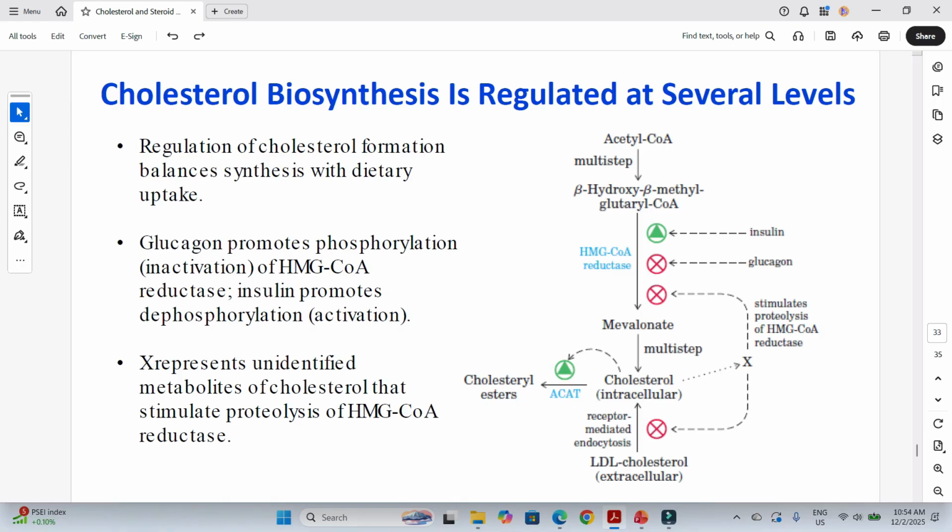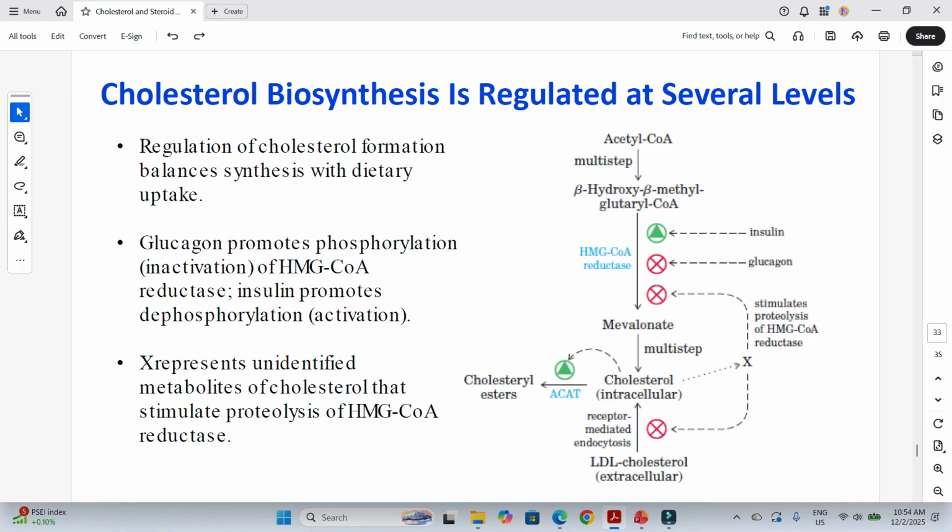In other words, when glucagon levels are high, the cholesterol biosynthesis is inhibited, while insulin promotes the dephosphorylation of HMG-CoA reductase and activates it. See here, acetyl-CoA to beta-hydroxy beta-methylglutaryl-CoA to mevalonate. Glucagon inhibits that step, insulin activates it.